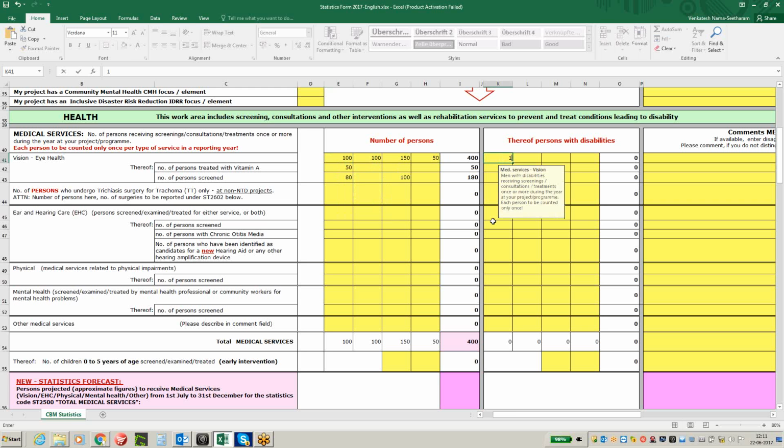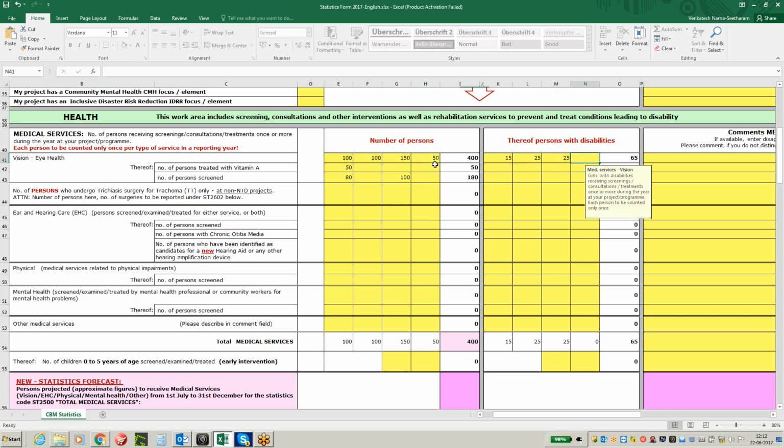There might be, say, 15 men with disability, and there are 100 women registered for vision who have been reached for vision services. Out of that, there might be 25 women, and here there might be 150 boys. So out of 150 there might be say 25 boys.